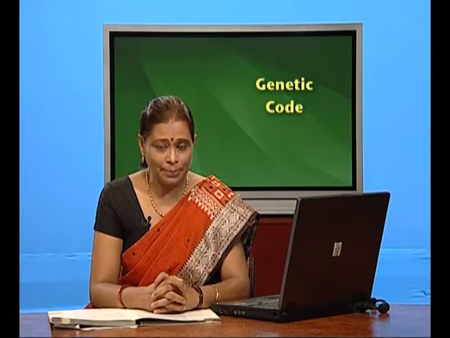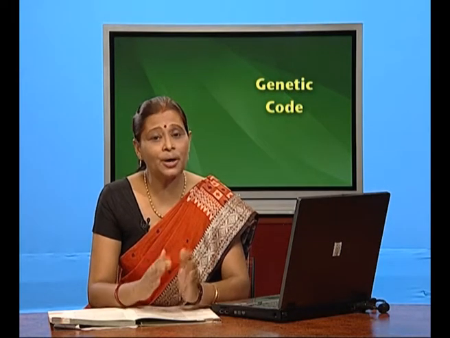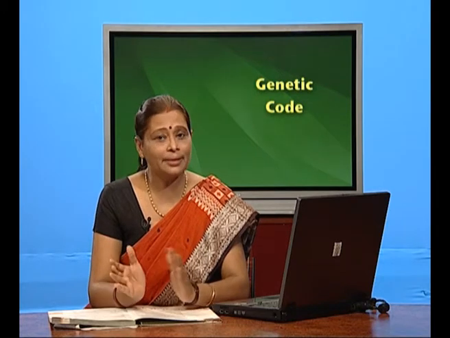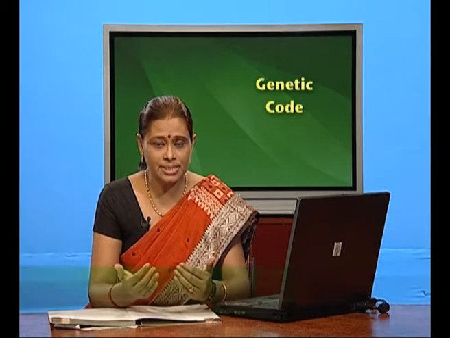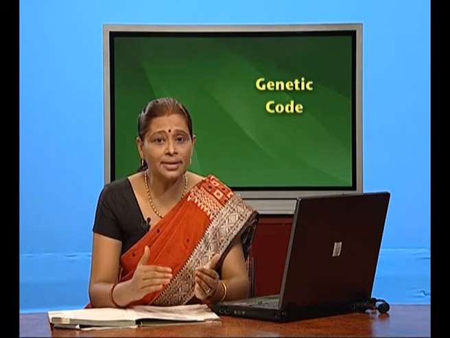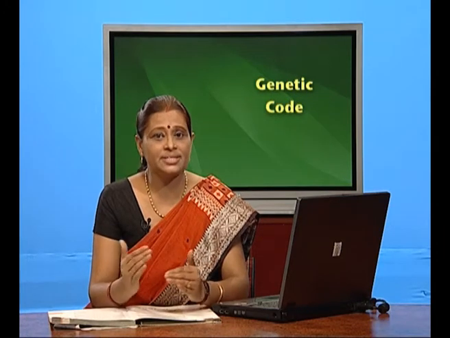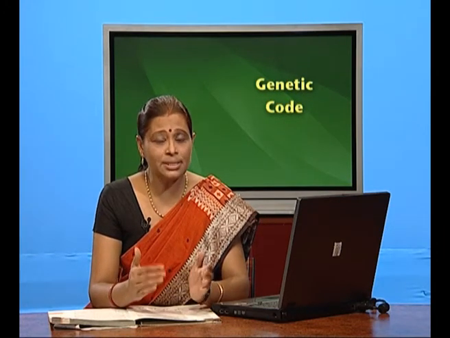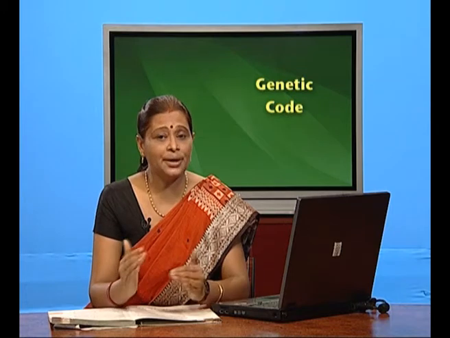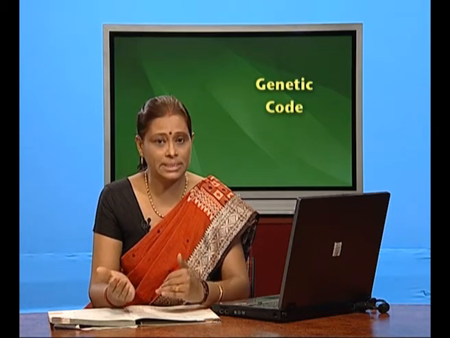Till now, you have studied transcription, how DNA forms RNA and the different types of RNAs involved in the transcription process. Today, we are going to discuss how the RNA forms protein, that is the translation process, and where the gene is and how the gene is regulated.